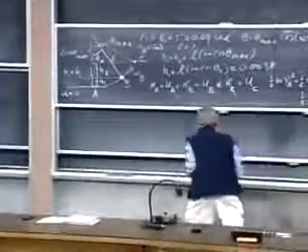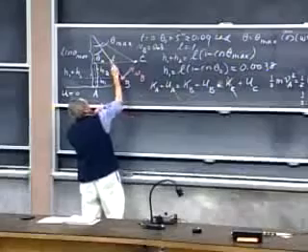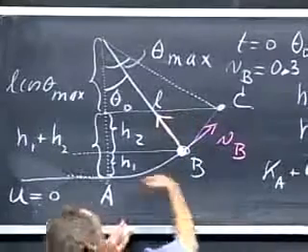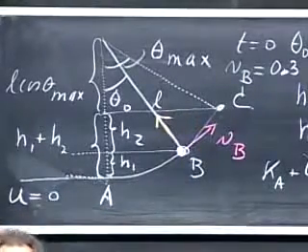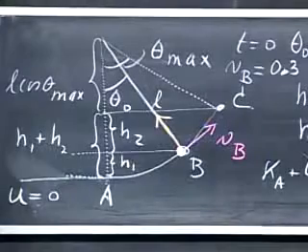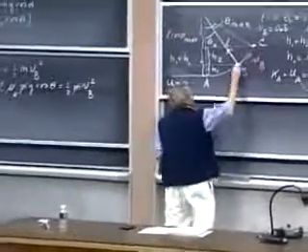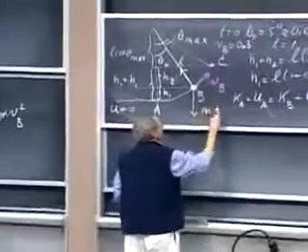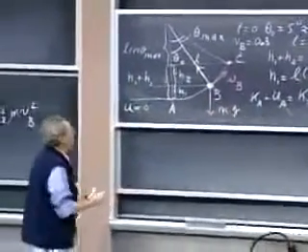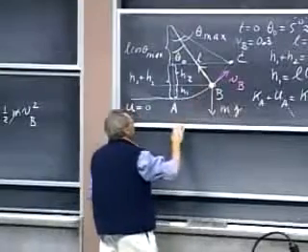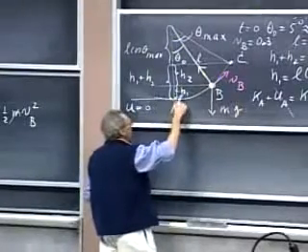Because the tension, which is in this direction, is always perpendicular to the direction of motion. And work is a dot product between force and the direction of motion, perpendicular to each other. So that's 0. So it's only mg that matters, the gravitational force. Well, when it goes from A to B, the work done by gravity is minus mgh1.